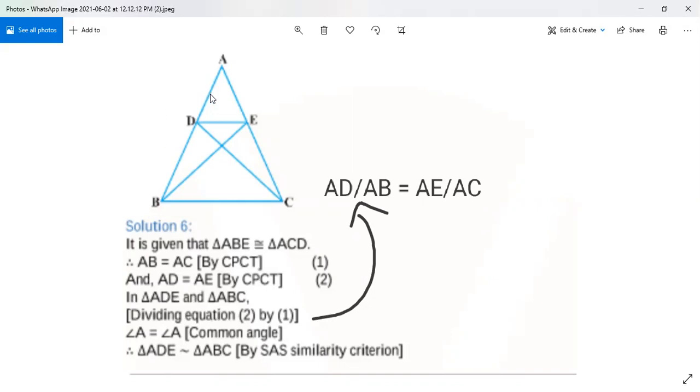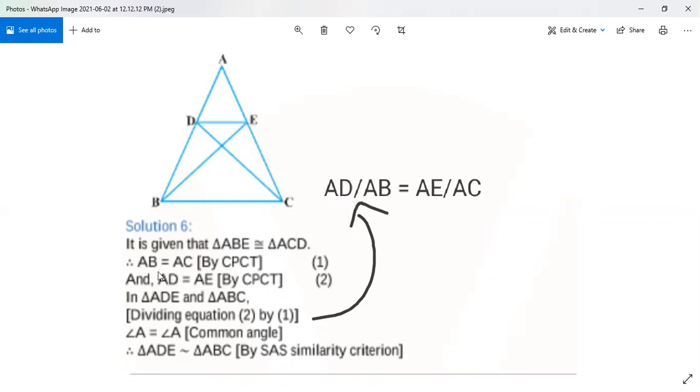Okay, so in these two triangles, I think clearly all of you can observe this angle A is once again common. All right, and along with that, you have already proved, see, ये हमारा already equation आया था, that AB is equal to AC was one equation and AD is equal to AE. So if you divide these two, then this is what you get. This is how you can write AB upon AD, or maybe the other way around, AD upon AB. Okay, depends upon, क्योंकि इसने पहले triangle ADE लिखा है तो इसलिए AD ऊपर आ जाएगा.